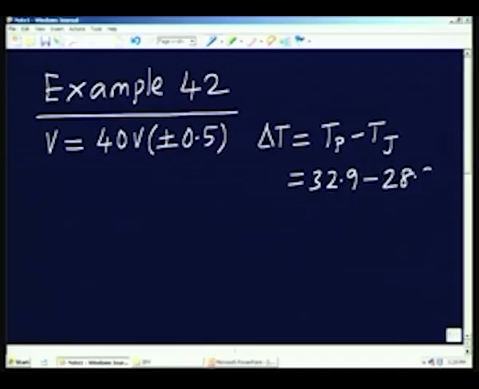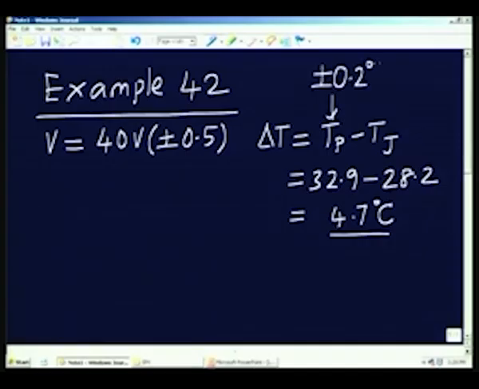These are the two measured values. This will give you 4.7 degrees Celsius, and each of the temperatures has a plus or minus 0.2 degrees Celsius uncertainty. This is also specified in the problem.